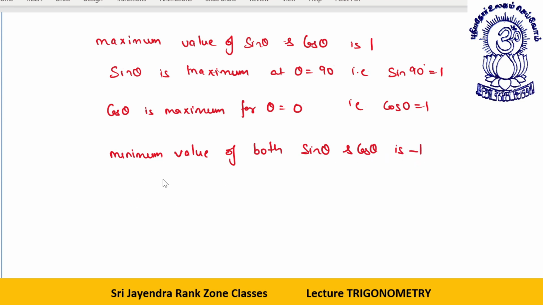When does this happen? Sine theta is equal to -1 at -90 degree. Cos theta is equal to -1 at positive 180 degree. Okay, dear friends, clear to all of you? So now let's move towards the questions.